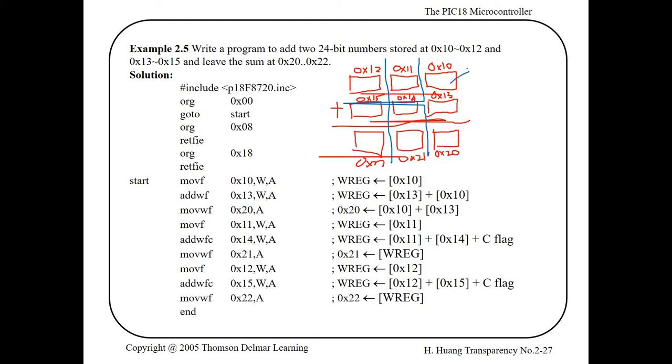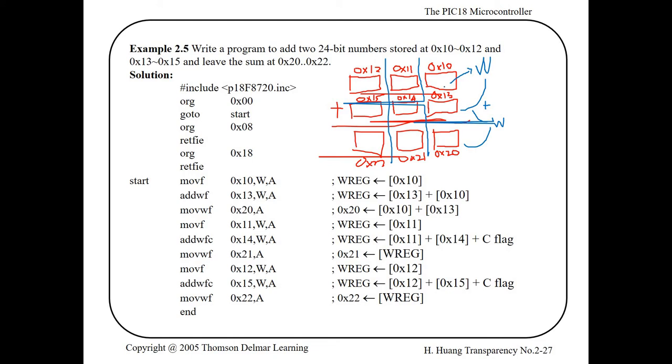So you need to move the first one to working register, and then you add them up. And where do you store the answer? So in working register. And finally, from working register, you store at hex 20. So that is you're doing for the first one.